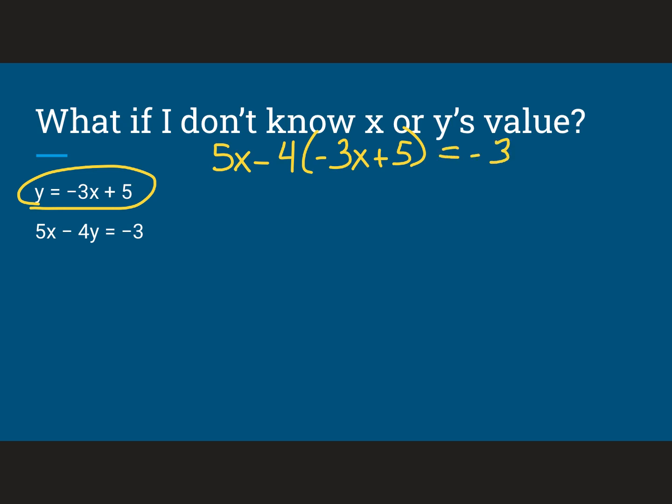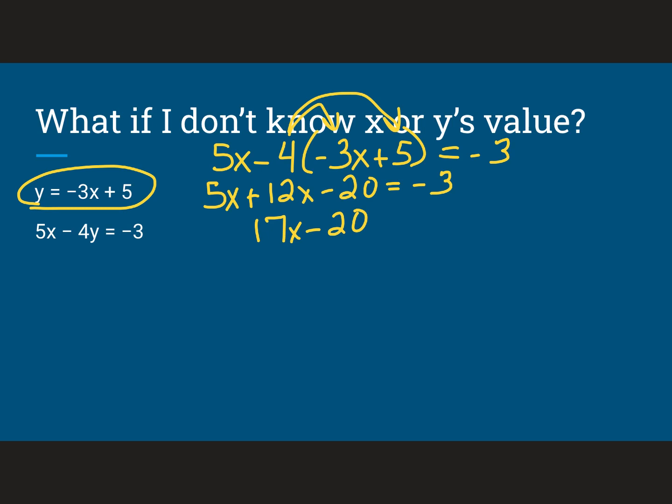So my distributive property, I have 5x. Negative 4 times negative 3x gives me a positive 12x. Negative 4 times positive 5 gives me a negative 20 equals negative 3. 5x plus 12x gives me 17x minus 20 equals negative 3.